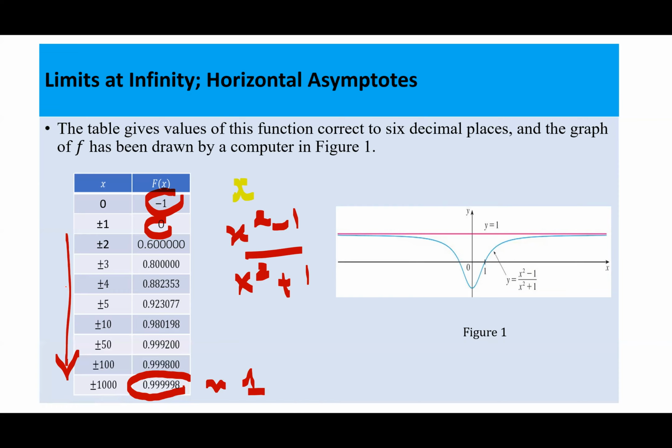So what happens for the graph? You see here that the limit at plus infinity and the limit at minus infinity are equal to 1. We say that we have this line here, which is a horizontal asymptote. When we say horizontal, that means y equals a number, and here the number is 1.